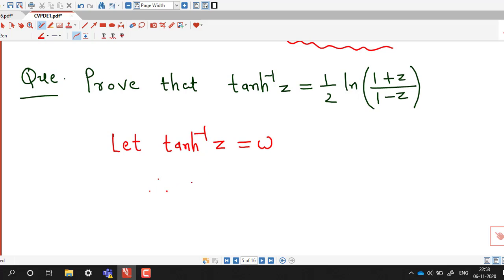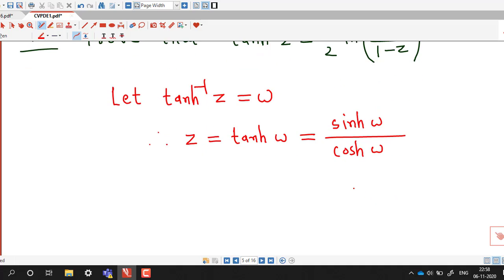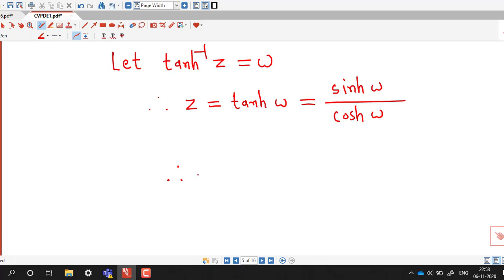So this gives us z equal to tan hyperbolic w, and by definition this is sine hyperbolic w over cos hyperbolic w. So from this, sine hyperbolic w is e raised to w minus e raised to minus w over 2, and cos hyperbolic w is e raised to w plus e raised to minus w over 2.